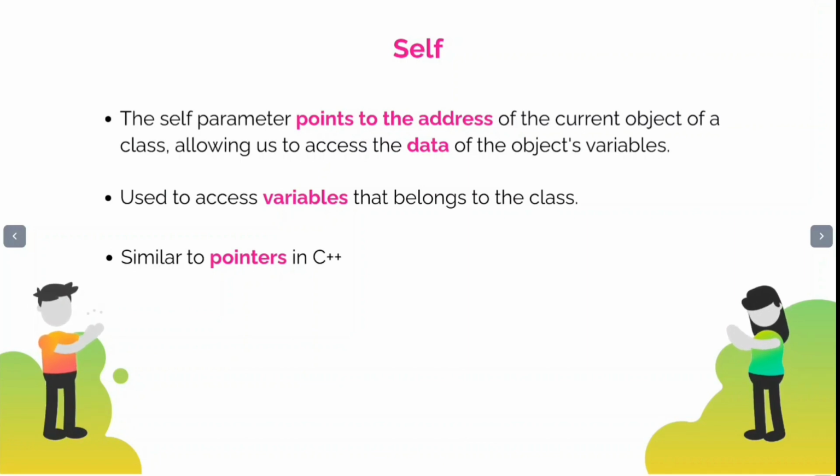It doesn't have to be named self. You can call it whatever you like. But it has to be the first parameter of any function in the class. Self is similar to pointers in C++.